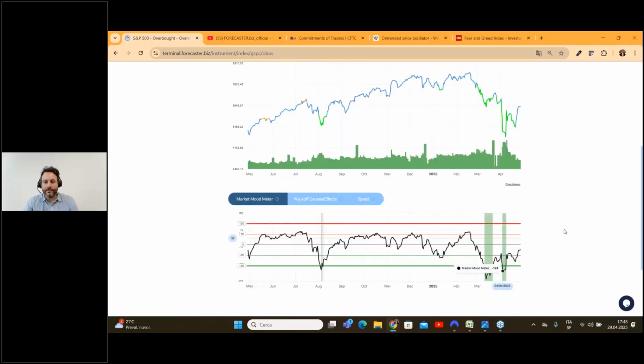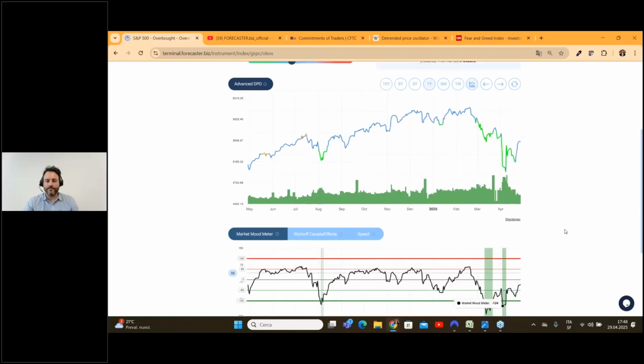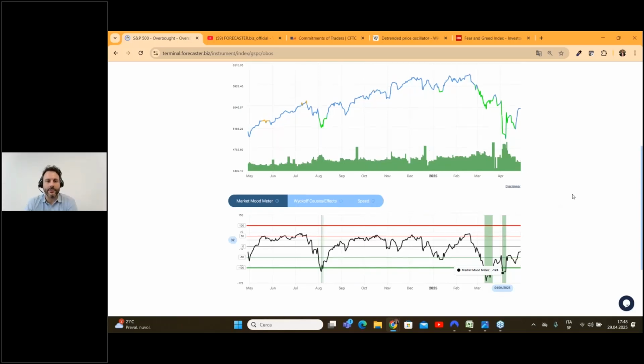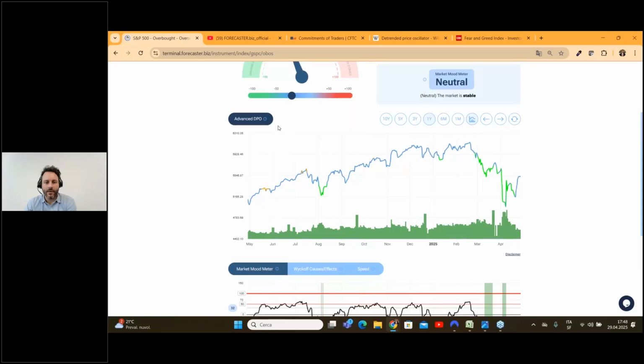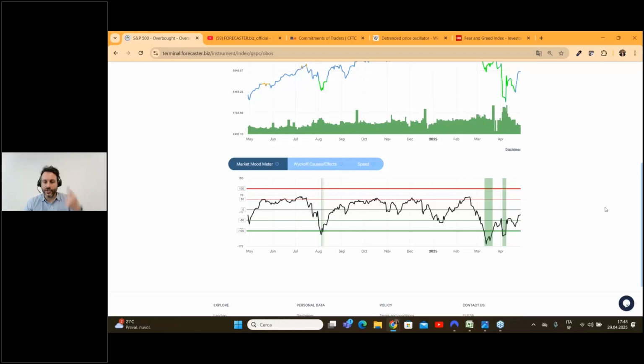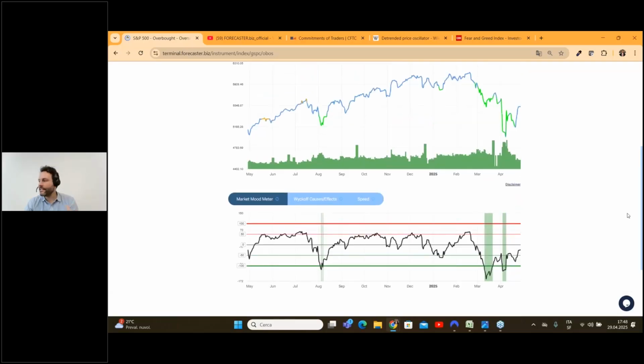Market Mood Meter is a sum of all these three indicators: Advanced DPO, Wyckoff, and Speed. And we have just one indicator that is telling us what is happening on the market.